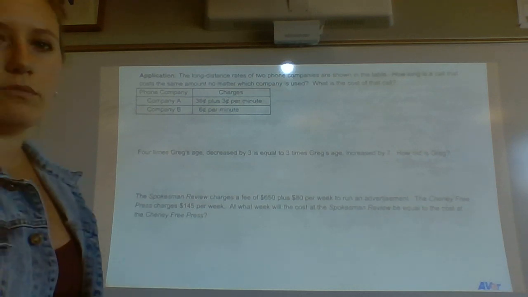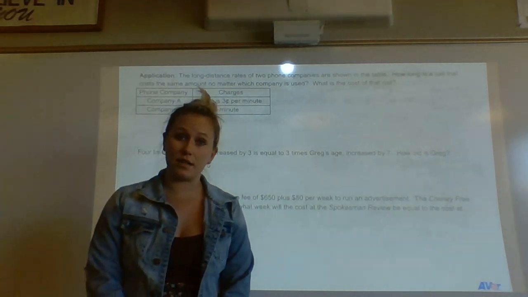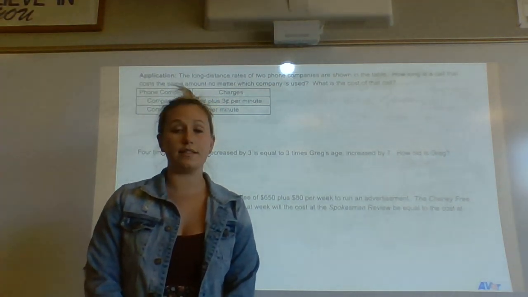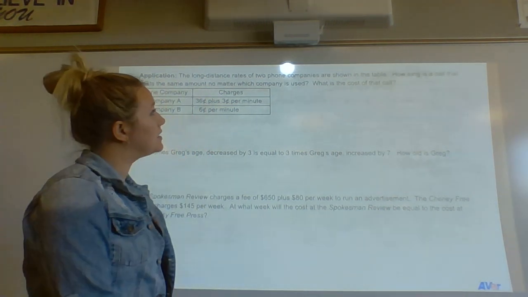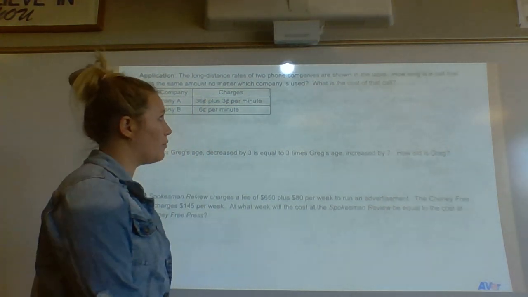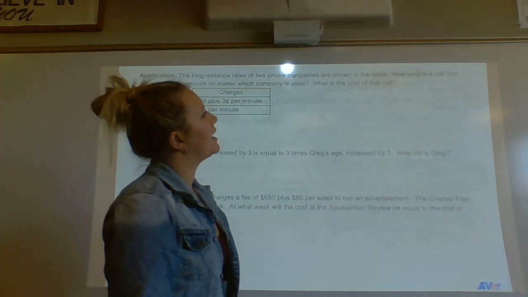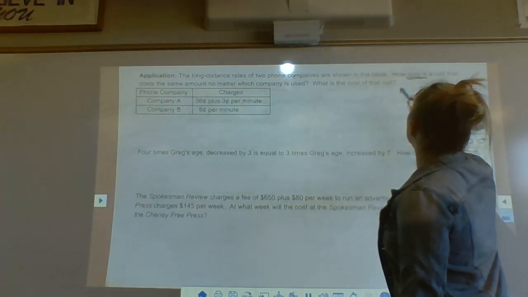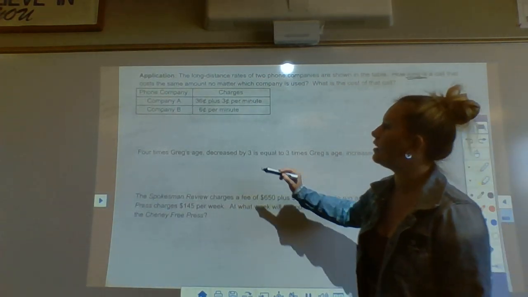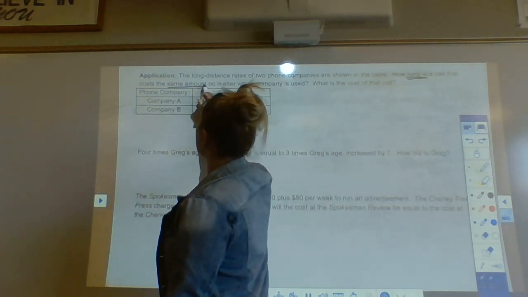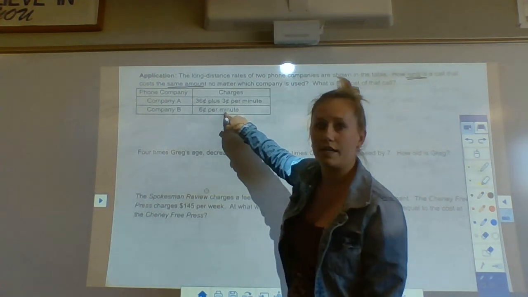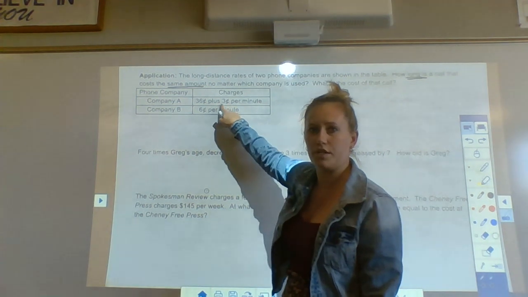So first thing with word problems, we ask ourselves, what are we trying to find? Now it's the second to last question. It asks, how long is a call that costs the same amount for either company? And here it tells us a little bit about what each company charges.